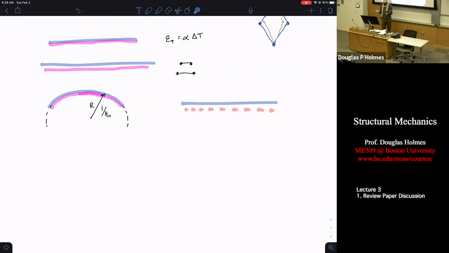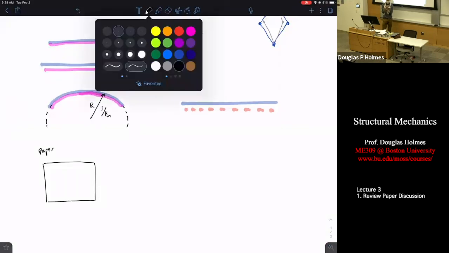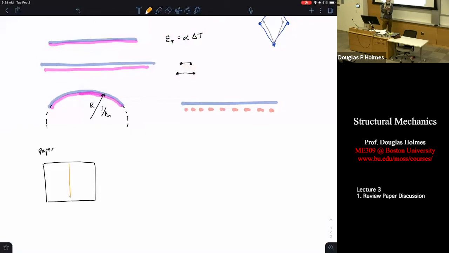For a plate or a shell, there's obviously two directions. So if I were to take a sheet of paper, I could say, what's the curvature in this direction? So this we can call kappa 1.